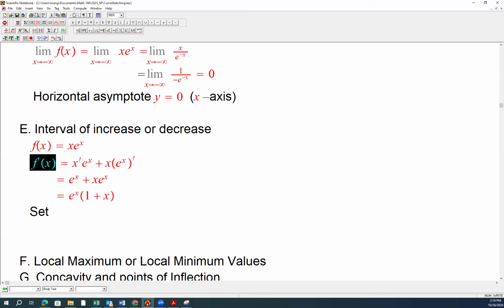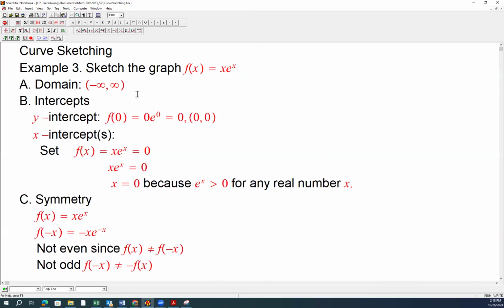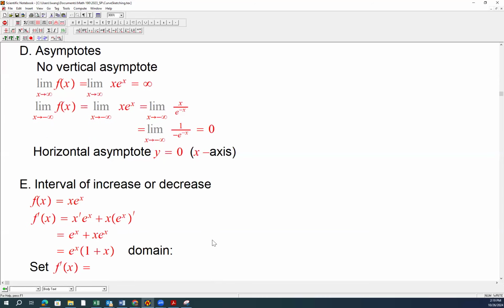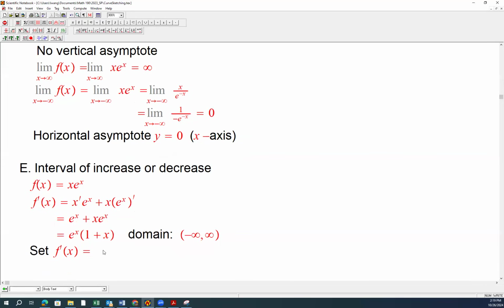You can see the domain of the derivative is also all real numbers, which is the same as the domain of the function. So this tells us there's not the category of critical numbers where the derivative is undefined. So we just set it equal to 0.